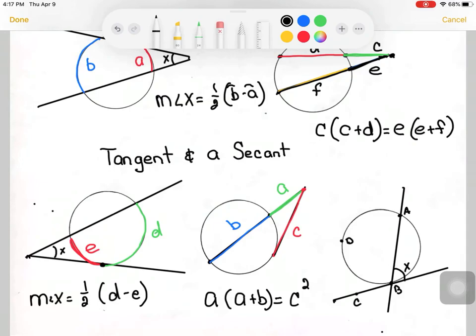So A times A plus B is going to be the exact same length as C squared.